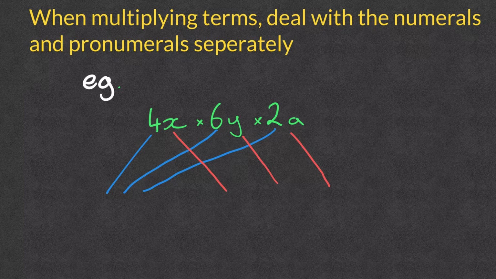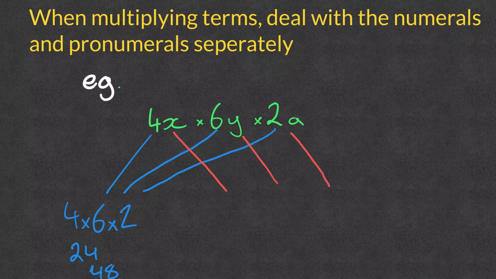So 4x times 6y times 2a, deal with your numerals separately. 4 times 6 times 2. 4 times 6 is what? Yep, 24, and then 24 times 2 is 48.